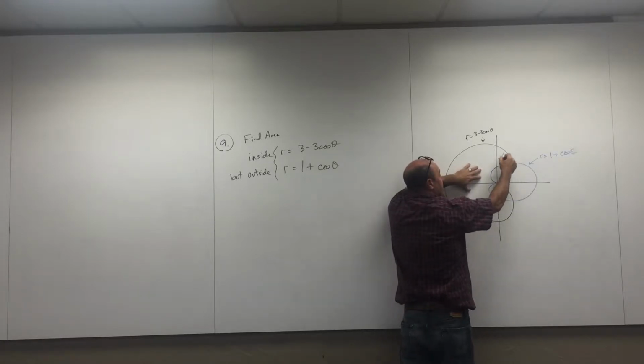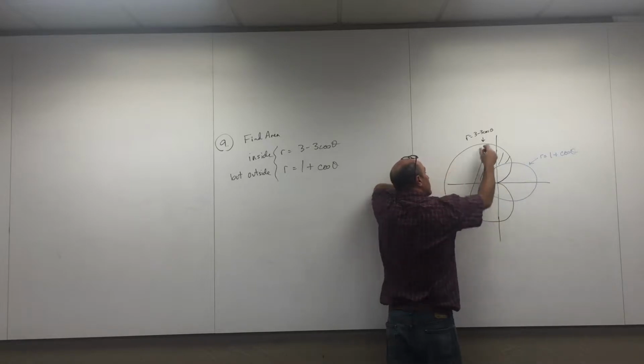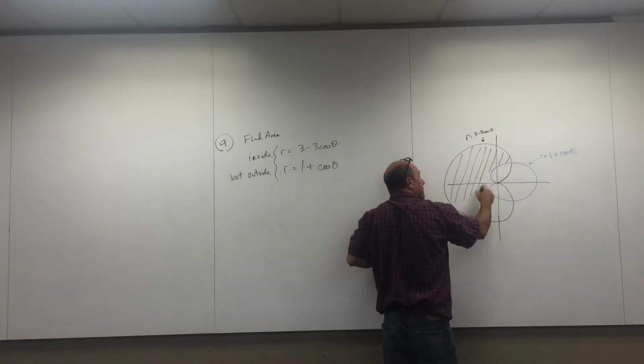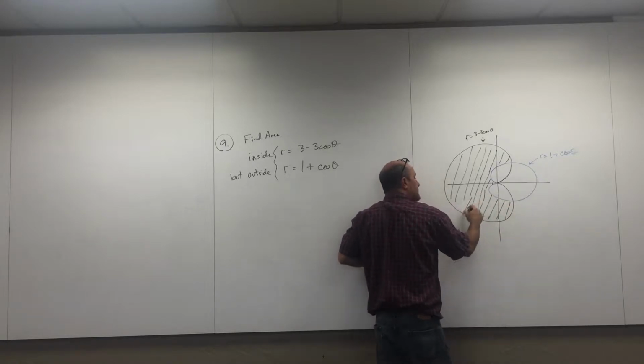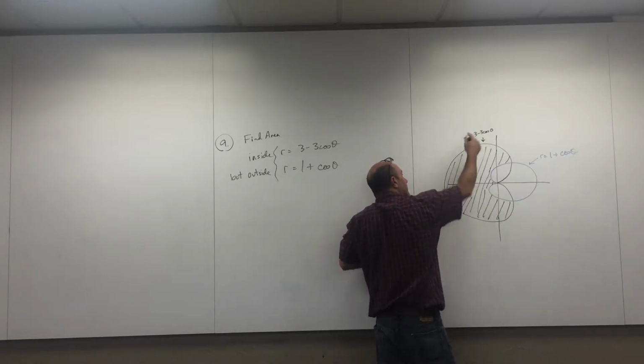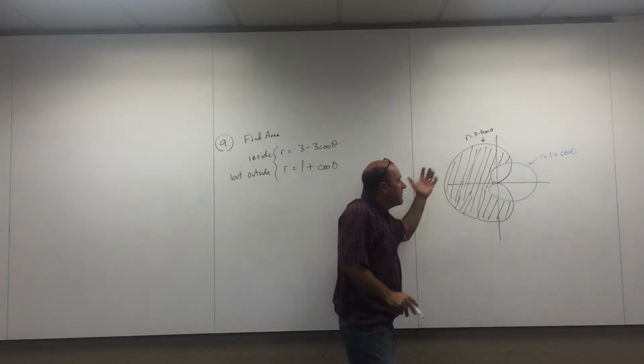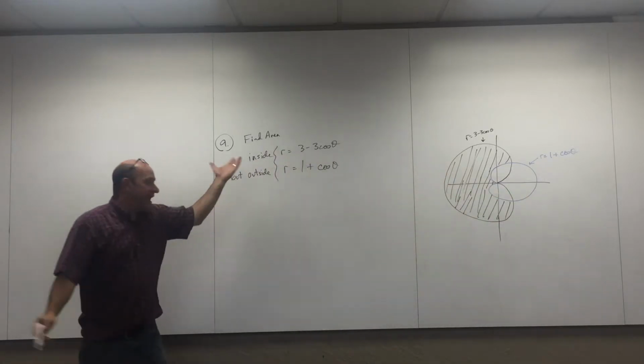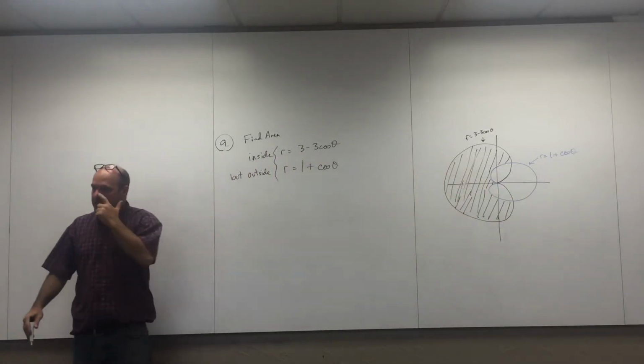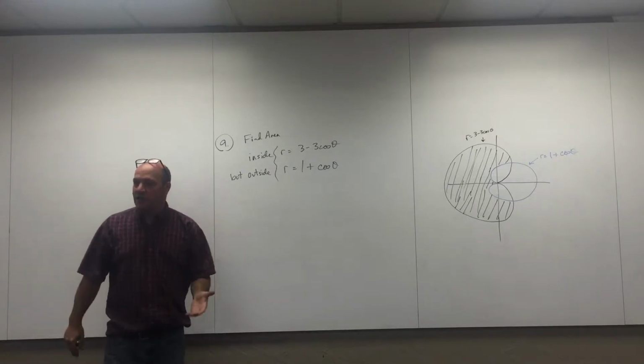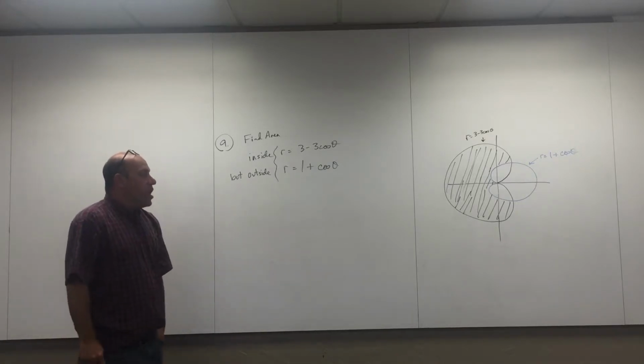So I think I just figured it out. I think it's this area, inside this one but outside that one. The language isn't that confusing. It's very logical, actually. Inside that one, but outside the other one. So there you go.